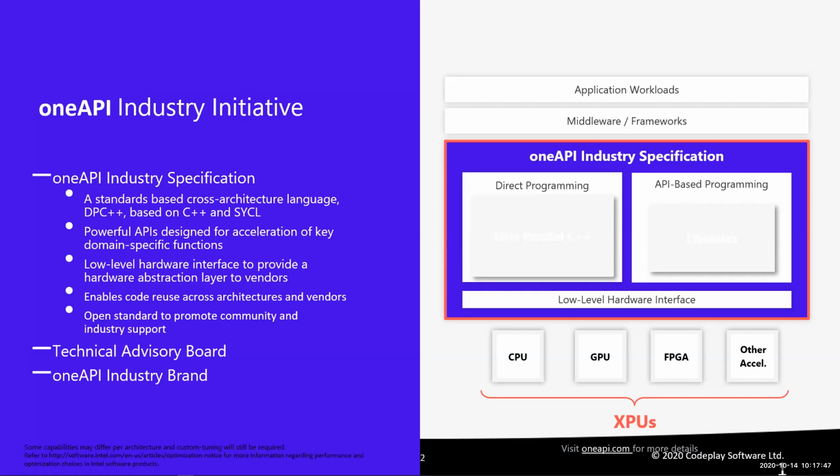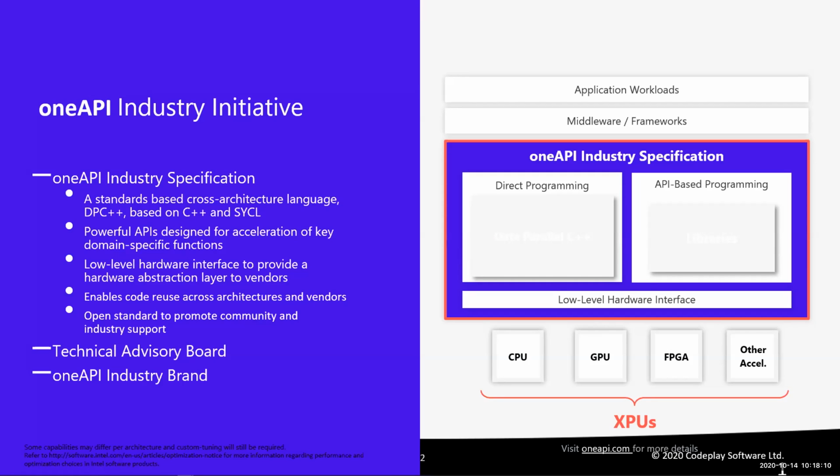Most oneAPI libraries are open source to encourage collaboration and help build new features and extensions. There's a low-level interface to hardware, that's oneAPI Level Zero. Together, these components allow companies and Intel to build their own implementations of oneAPI. There's oneapi.com, which is an open call for feedback.